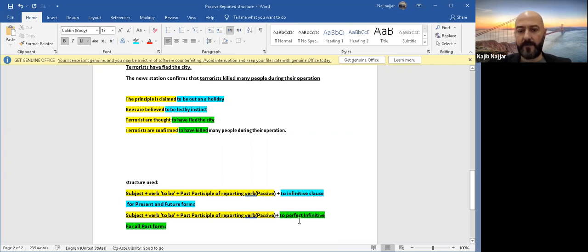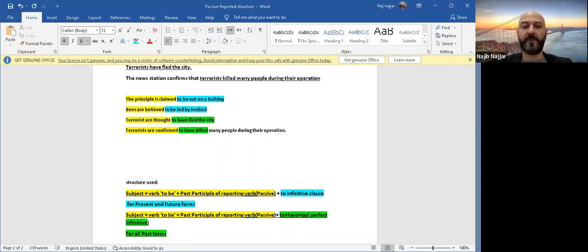Okay, so let me make it easier for you here. As I would say this, to plus have plus PP, which is the past participle. Okay, guys, we call this the perfect infinitive. So to have killed or to have fled.